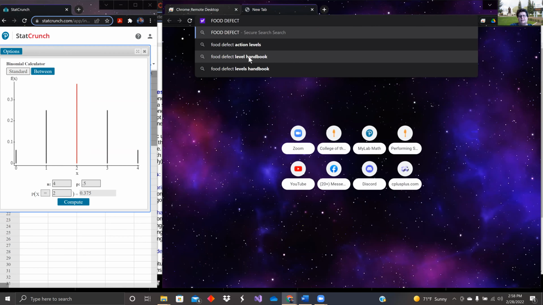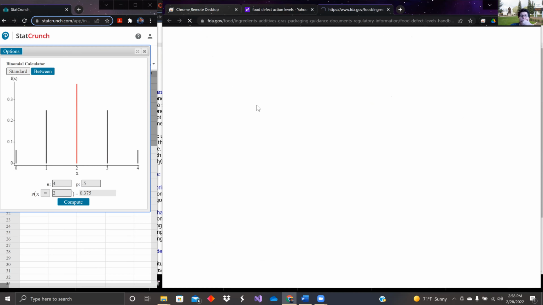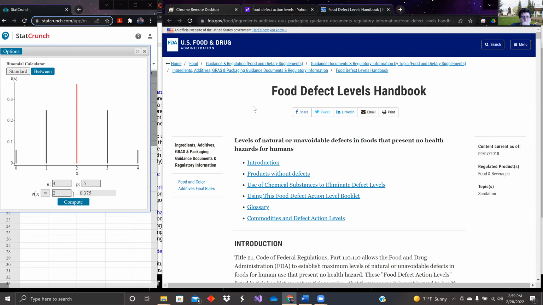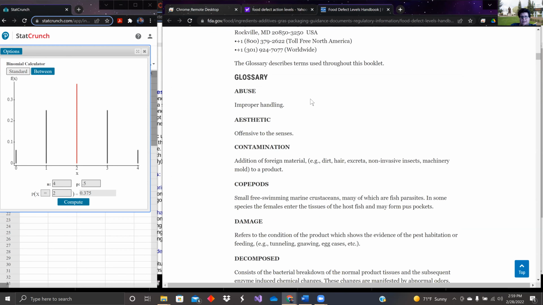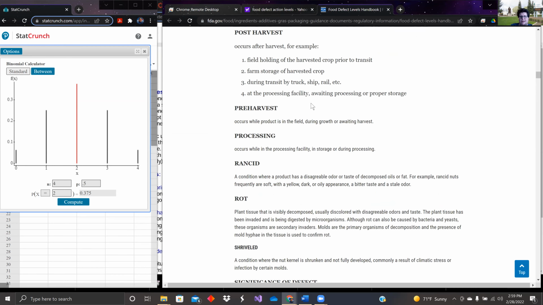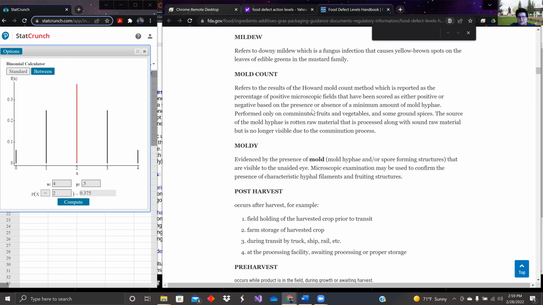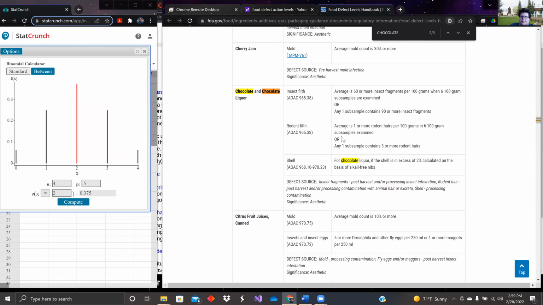the food defect level, action levels. Let's see, is it all on here? Yes. So it lists all the things that make it defective. Let's go for chocolate. Chocolate, insect filth.